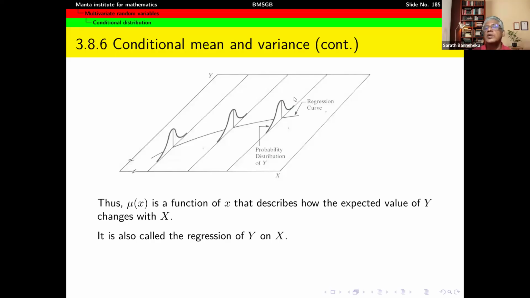So therefore, in usual regression analysis, if you're considering simple linear regression, the assumption is that the distribution of y given x is normal with some mean and some variance. The mean will be changing with x, but the variance will not change with x. Variance will be the same. So that is the usual assumption.